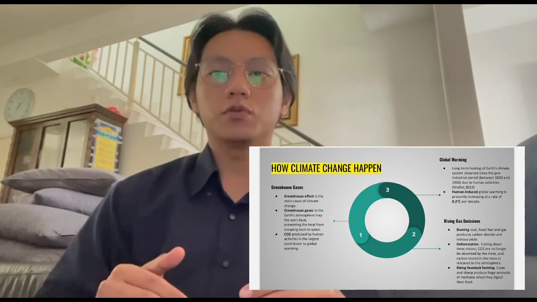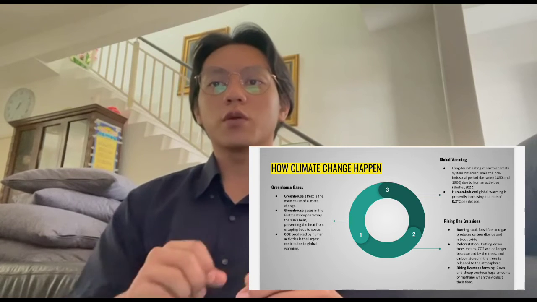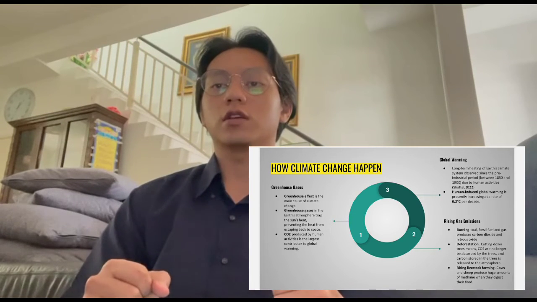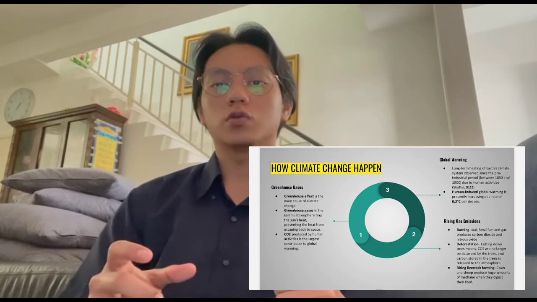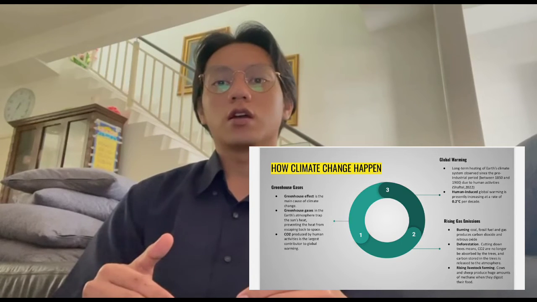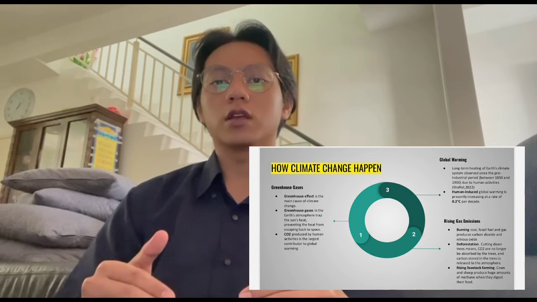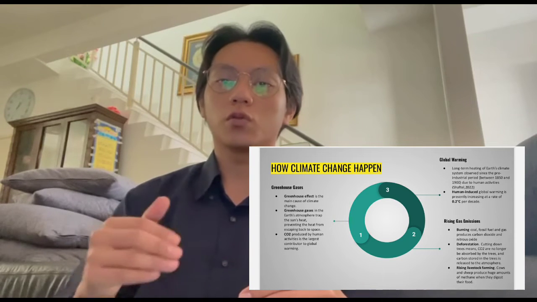Burning coal, fossil fuel and gas produces carbon dioxide and nitrous oxide, which are extra gases in our atmosphere. Our greenhouse gases are not balanced and the temperature keeps increasing, causing global warming.